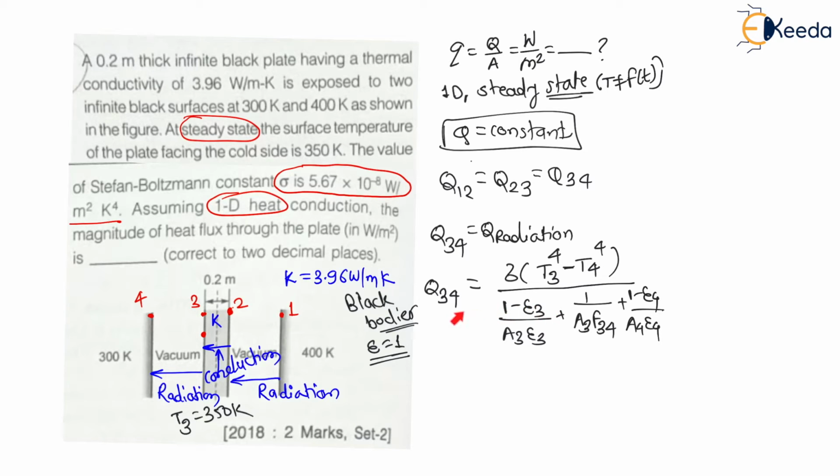This formula we have seen, that is radiation heat transfer between the infinite plates, right? And here they have given infinite black plates, right? In this question they have mentioned infinite black plates.